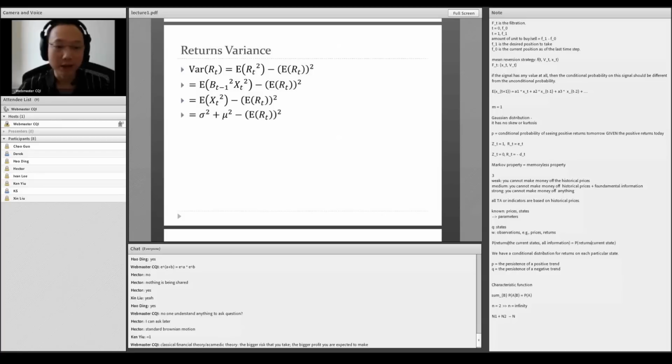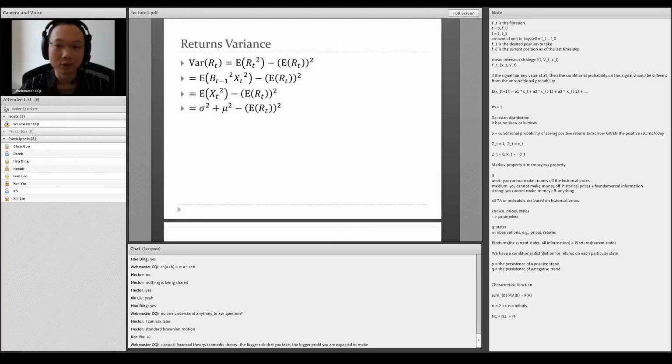Okay. So there's no mean variance analysis here because you just maximize your return and you minimize your risk at the same time. You don't need mean variance analysis for linear technical indicators under the set of assumptions that we make. Okay. So here maximizing return will also maximize return per unit of risk. Maximizing return will also minimize the volatility of portfolio. Okay.